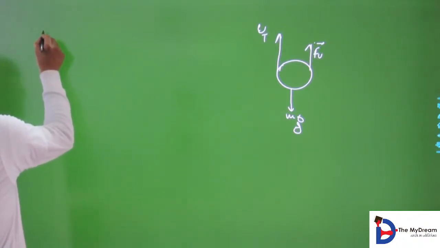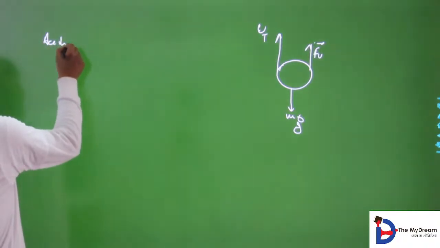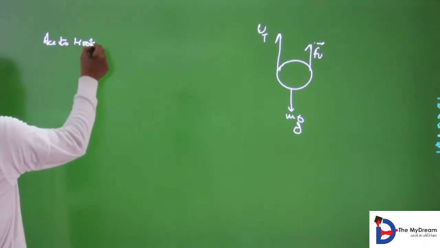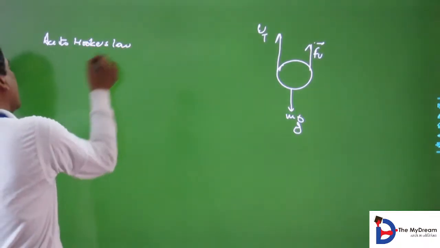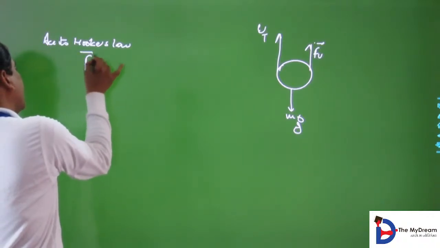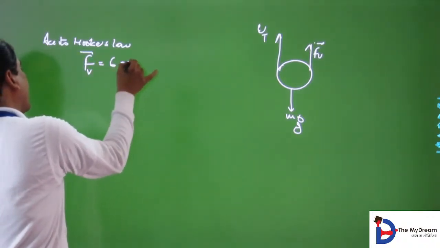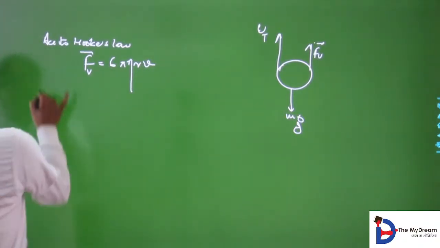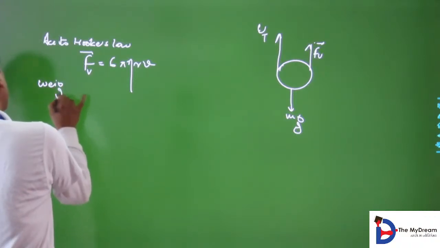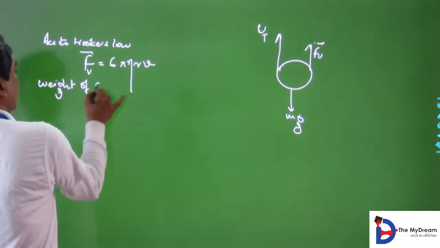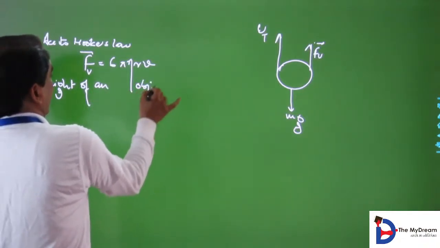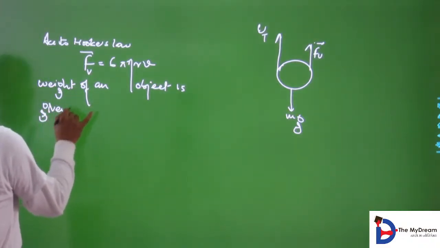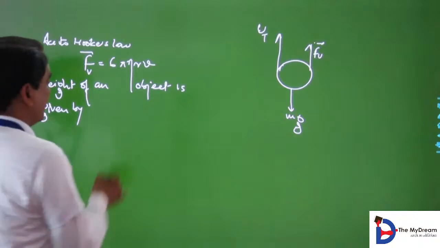According to Stokes' law, viscous force is given by 6 pi eta r v, and the weight of an object is given by mg.